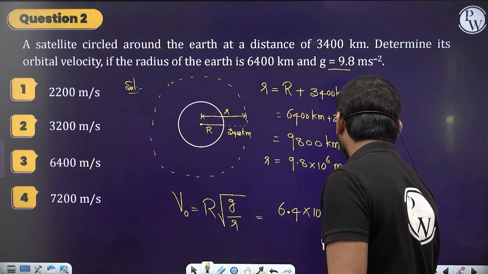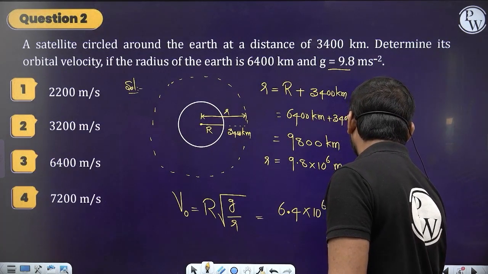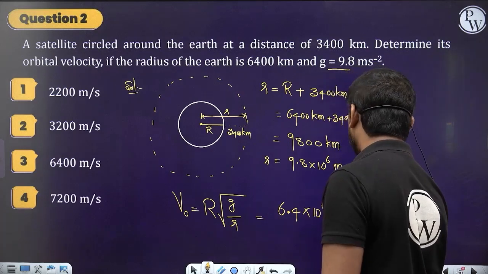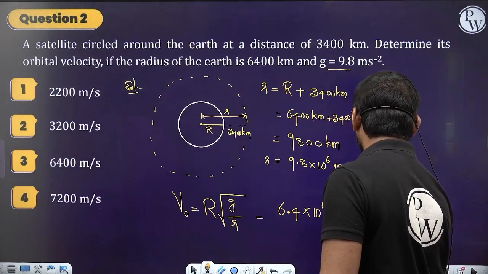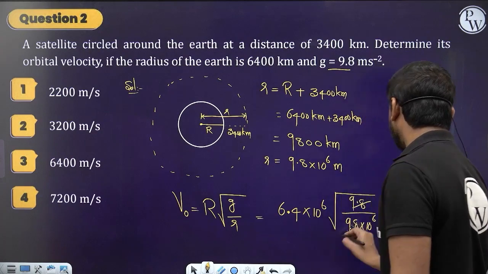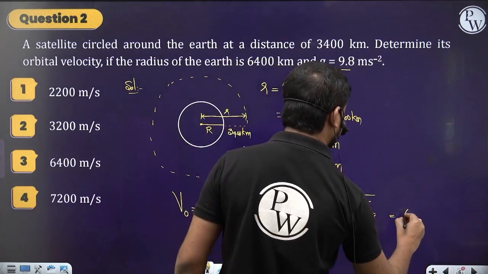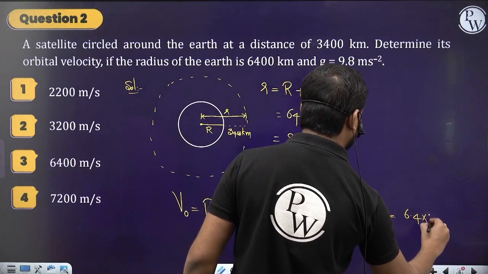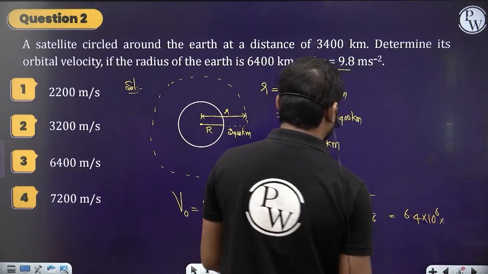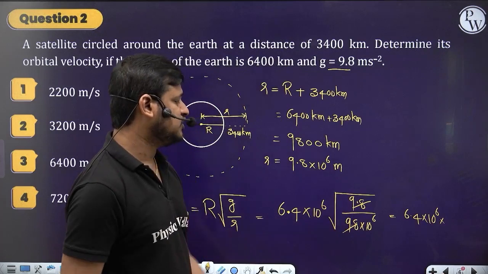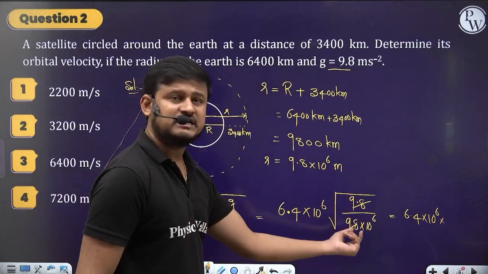So root, this is 9.8 by 9.8 into 10 to the power 6, right? So 9.8 gets cancelled. So we can write 6.4 into 10 to the power 6 into the square root of 1 by 10 to the power 6, which means 1 by 10 cube whole square.